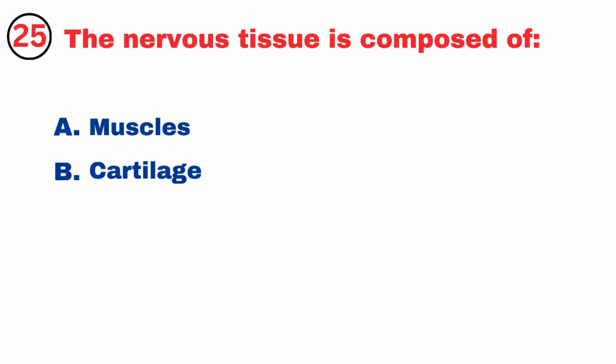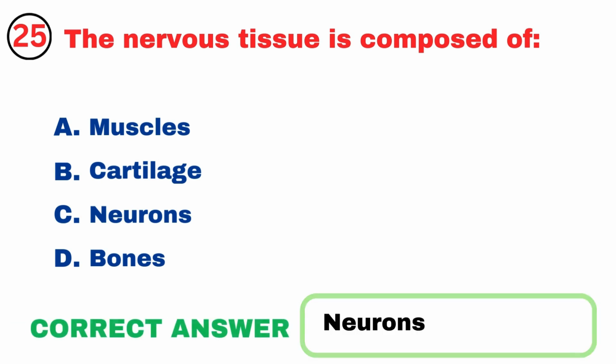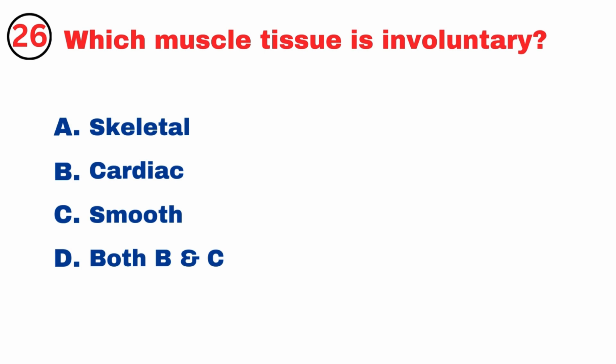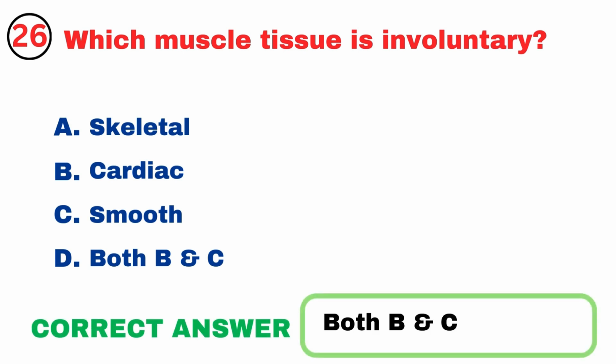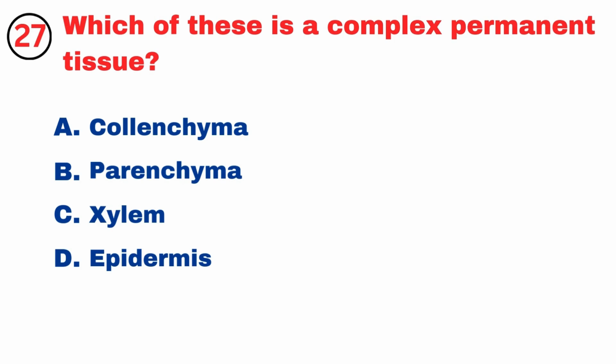The nervous tissue is composed of neurons. Which muscle tissue is involuntary? Both B and C. Which of these is a complex permanent tissue?